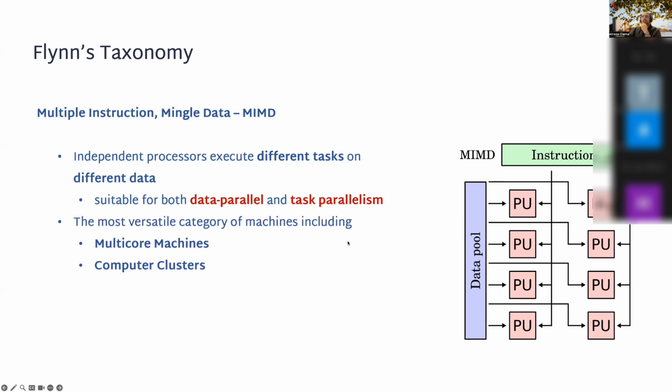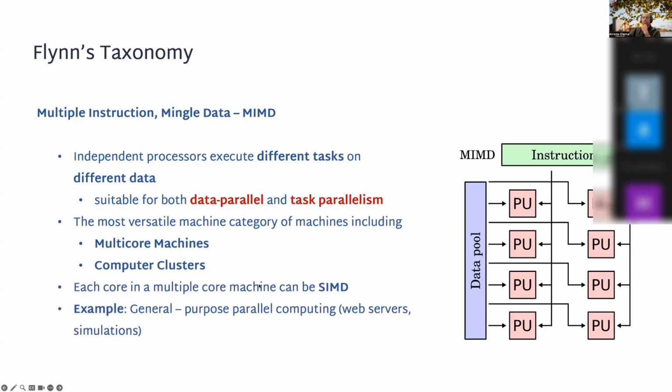So these are the most versatile category of machines, and they can include multi-core systems, computer clusters, even GPU machines that we are going to talk about in the next lectures. In this case, each core also can have a SIMD machine inside. So when you have these MIMD systems, you have multiple processing units, and each processing unit itself can be a SIMD machine.